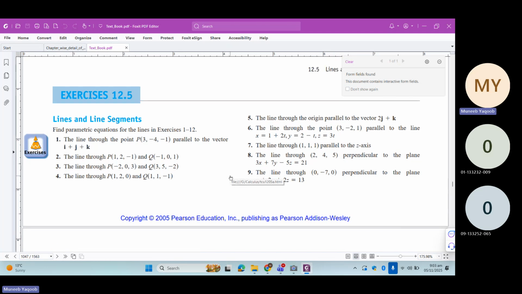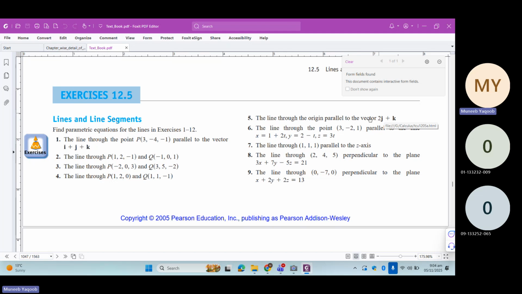Like in question number 5, they are saying the line through the origin parallel to the vector 2j plus k. So it's just as question number 1, because we are given a direction vector which is 2, 0, and 1. Sorry, 0, 2, and 1. Why? Because there is no i.